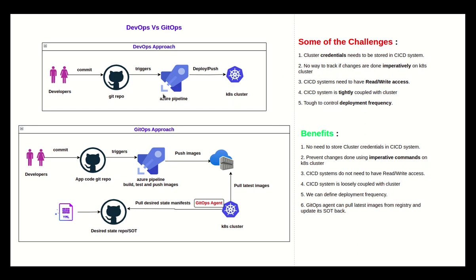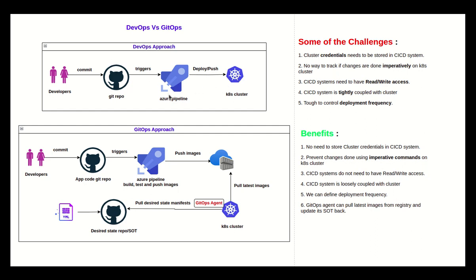And the other challenge is, let's say if one of the developers directly commits some changes on the environment using imperative commands, then there is no way to track those changes. And the CI/CD system needs to have read and write access on the cluster.